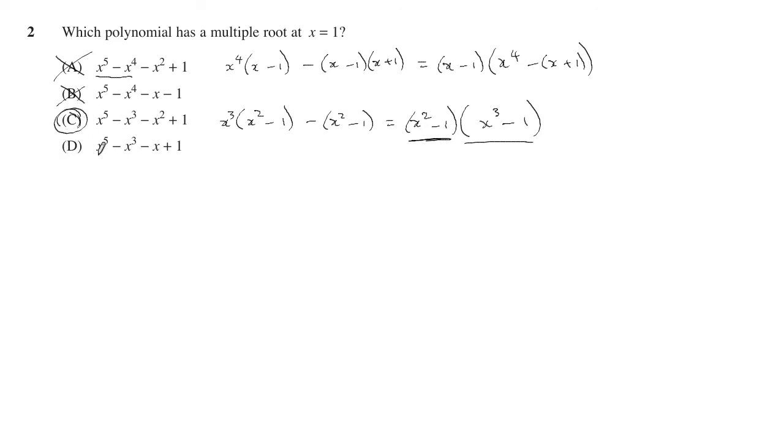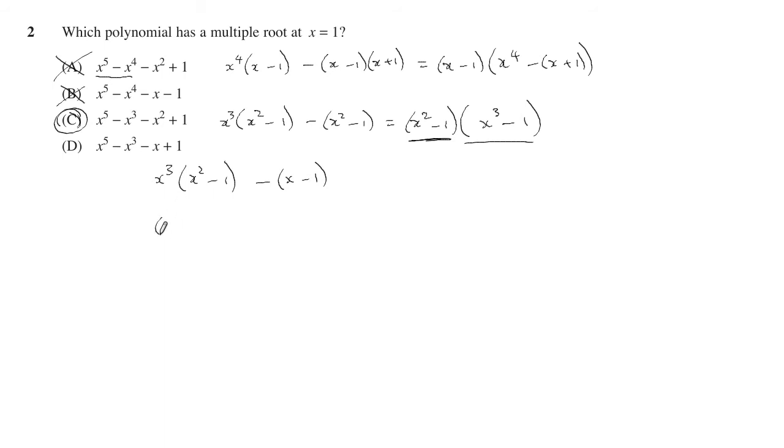But just to check, let's look at D as well. So again, when we sub in x equals 1, we get 1 minus 1 minus 1 plus 1, so that's 0, so that's good. There's at least a single root. Let's try factorizing it. So let's take out the x cubed from the first two. And that's x minus 1 times x plus 1.